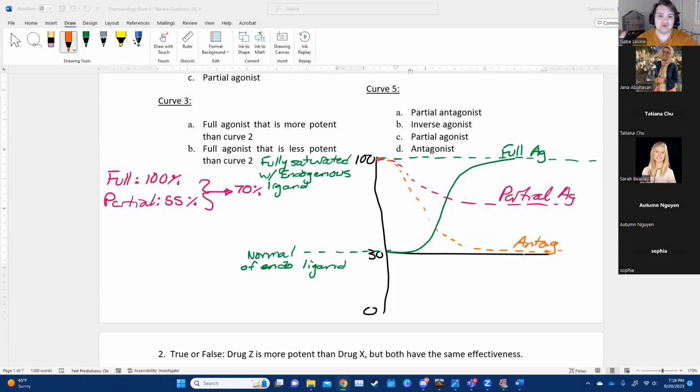If you have a huge dose of full agonist and a tiny dose of antagonist, obviously the agonist is going to win, right? It's very concentration dependent, which is why these dose response curves always have the dose on the x-axis. It's the independent variable. But in general, if you're going from 100 all the way down to the normal level of activity, then we are talking about an antagonist.